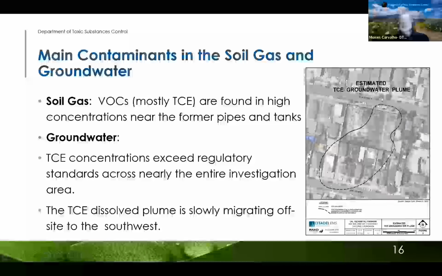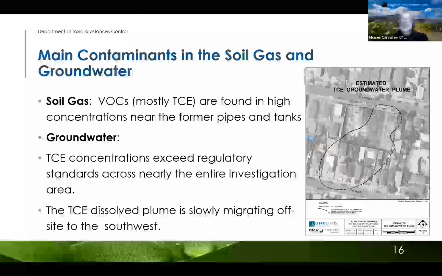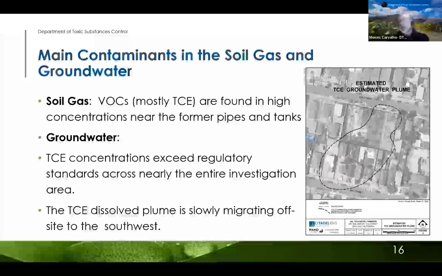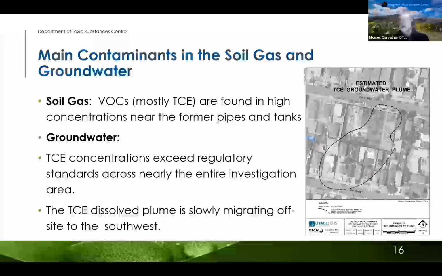In the groundwater, TCE from the soil has seeped down into the shallow groundwater, which is about 8 to 15 feet below grade. In soil gas, TCE in soil and groundwater can turn into gas or vapor that fills the airspace between the soil particles. This is the primary concern for potential exposure.